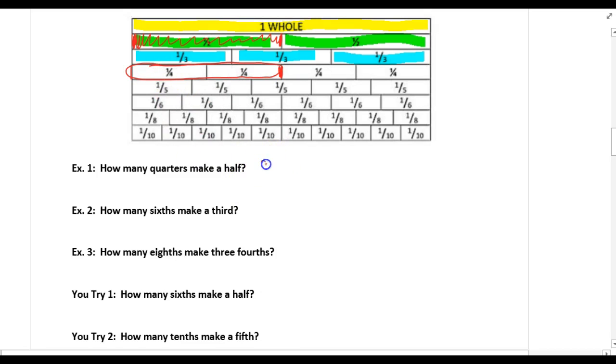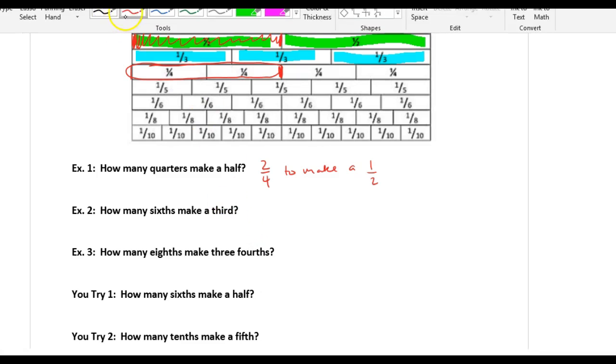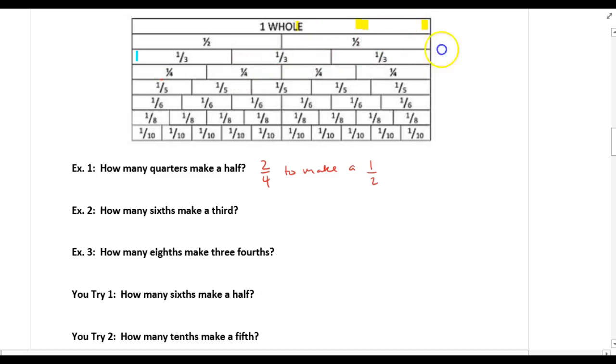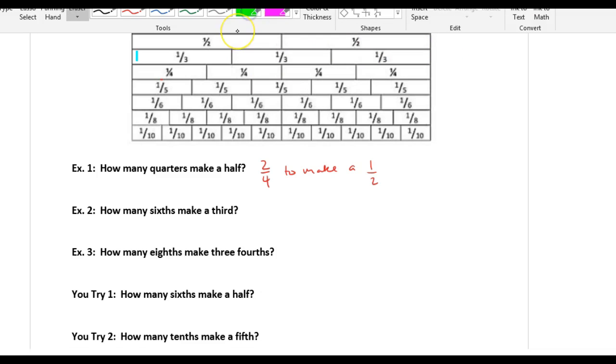It would take 2 fourths, or 2 quarters, to make a half. Now I'm going to erase all of this, because I want you to see how this works. The next one says, how many sixths make a third?